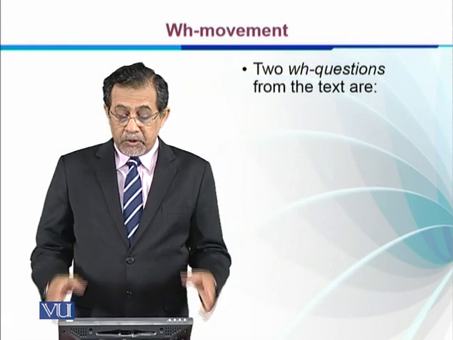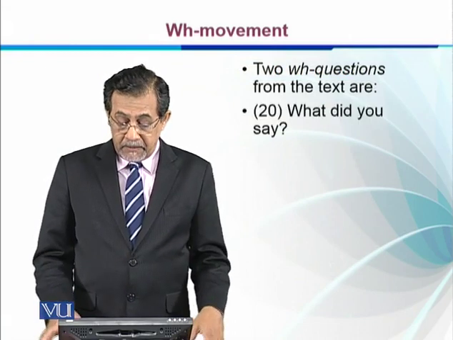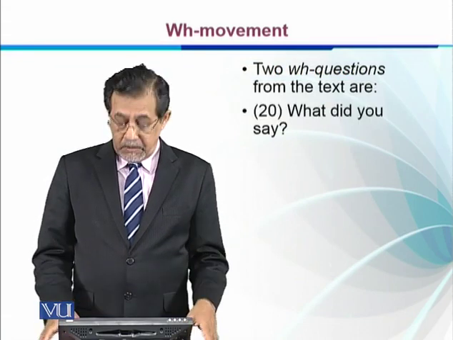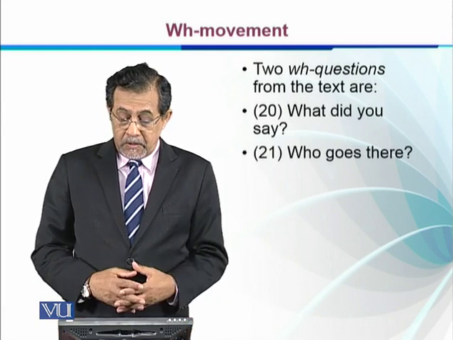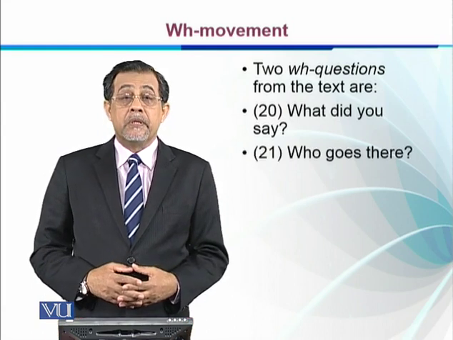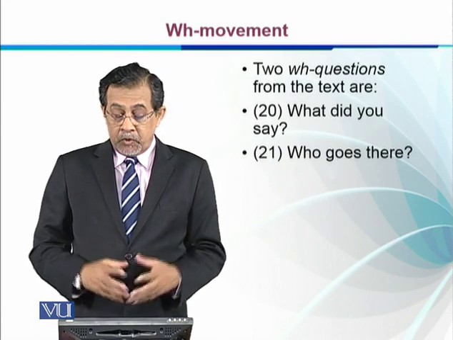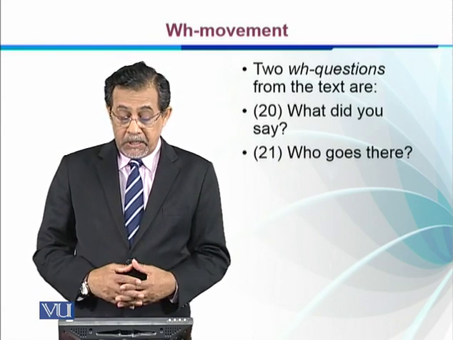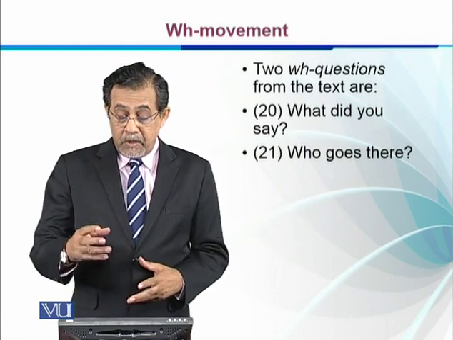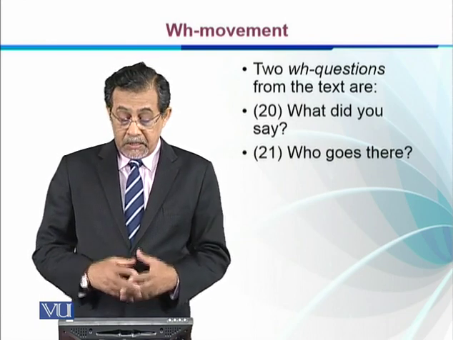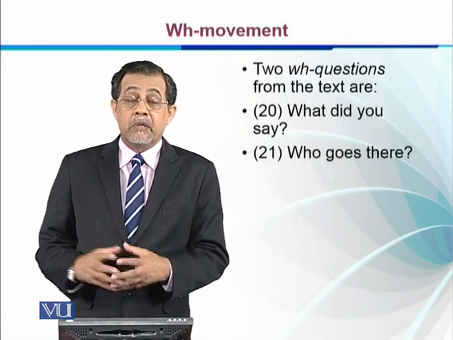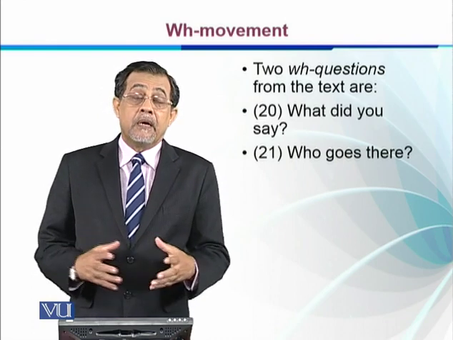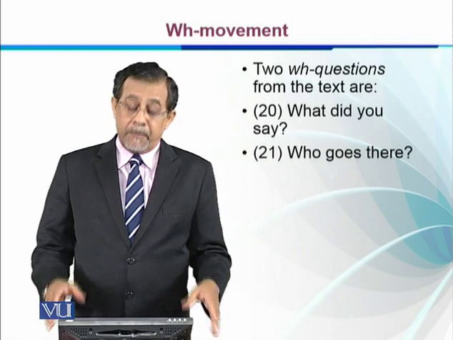The two WH questions from the text are: "What did you say?" and "Who goes there?" If we look at the constituents of sentence 20 and sentence 21, where does what in 20 and who in 21 come from?